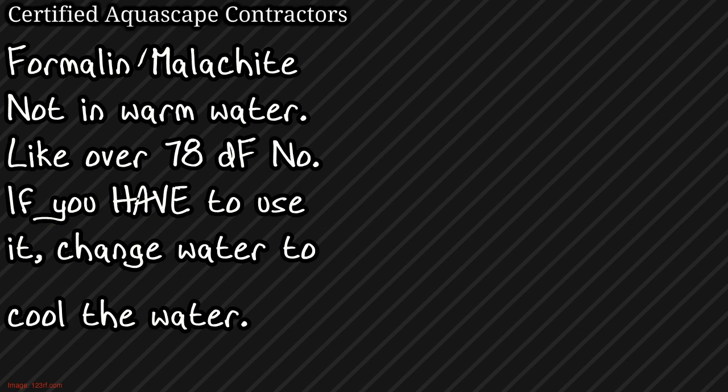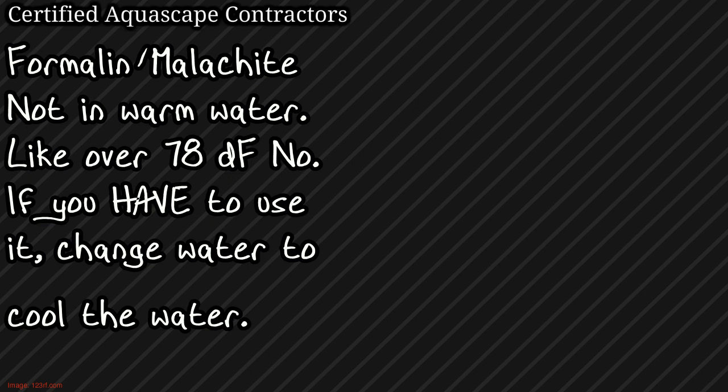In fact, if the tank or pond or facility was over 78 degrees, I would start thinking more about clout and less about formalin malachite. And if the water temperature was 80 degrees or higher, I would not even use formalin malachite.